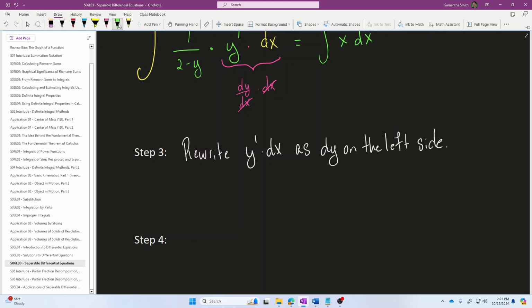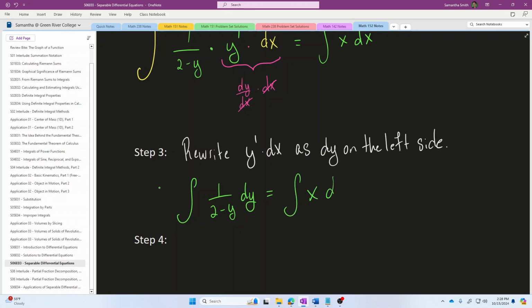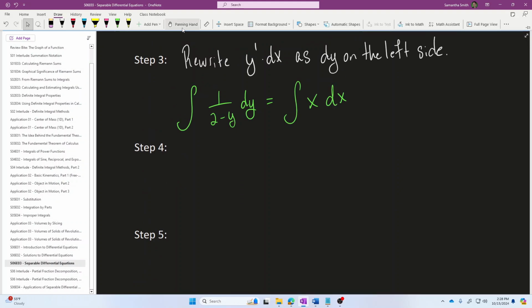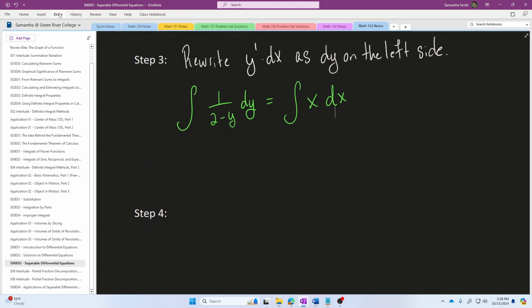When I do that, I have on the left side an integral of a function of y with respect to y, and on the right an integral of a function of x with respect to x. And this is how it should work out every single time if you have done the work correctly up to this point.